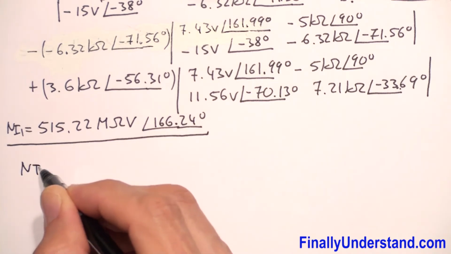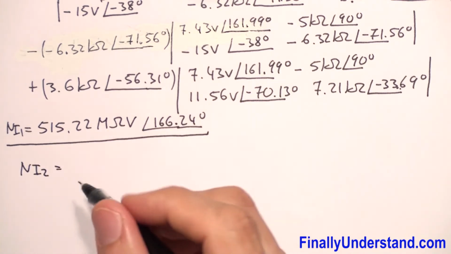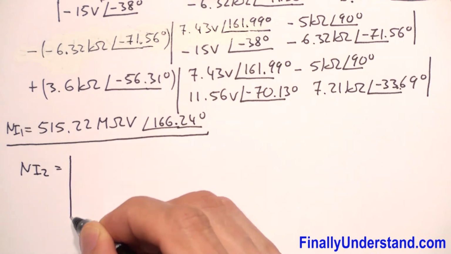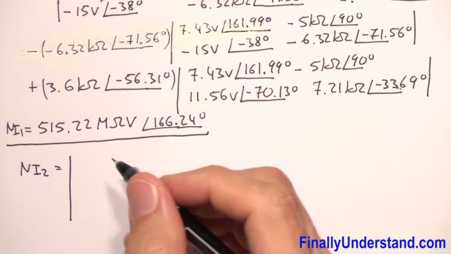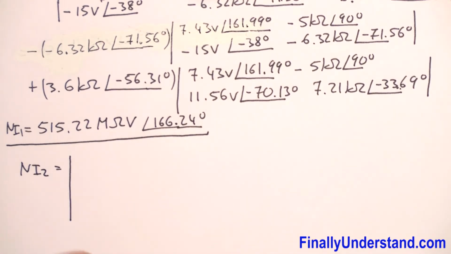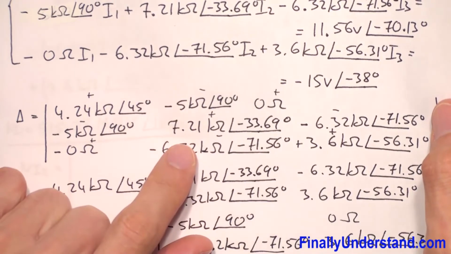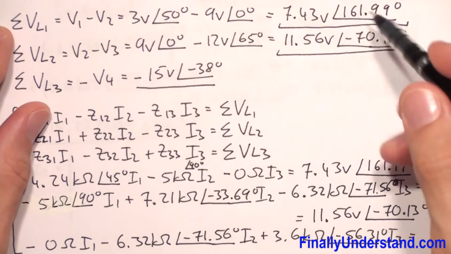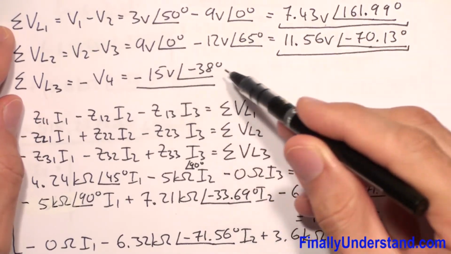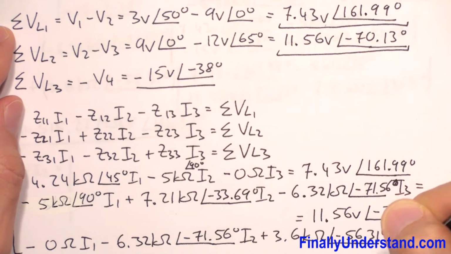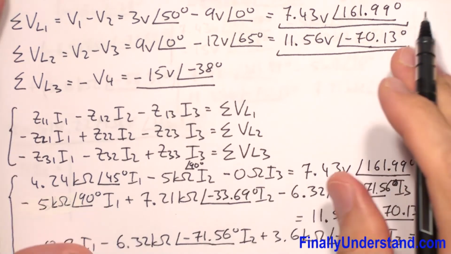So NI2 is equal. I have to copy the first column from my delta. Okay, so I'm going to look at my delta one more time, and I have to copy this column. The second column I have to replace by the sum of the voltages in my 3 loops, and I'm supposed to copy the third column of my delta.